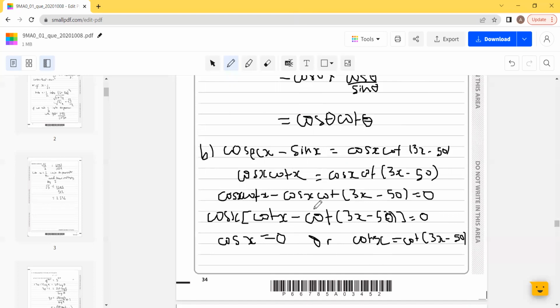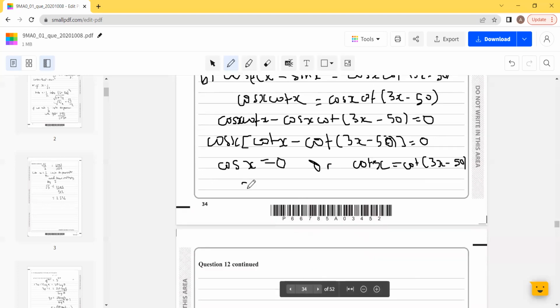Okay, so now cos x equals 0 just gives me x is equal to 90 degrees. Now the tricky part is being able to solve this equation. Cot x is equal to cot 3x minus 50. That is a tricky part of the question.